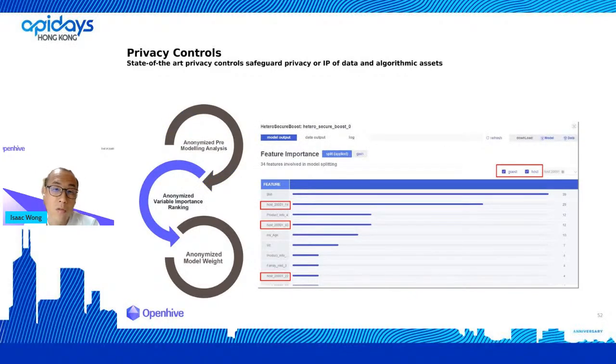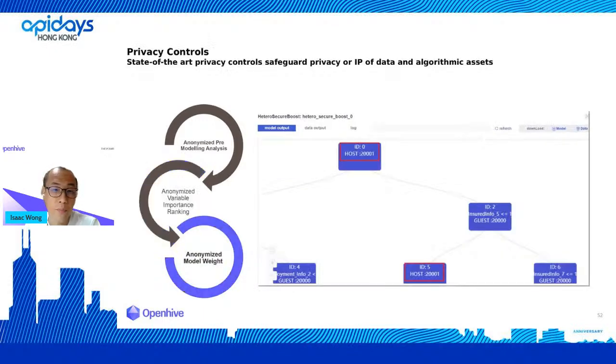And for example, when a model is built, there is a concern on whether the column names are disclosed to the counterparty. So there are some designs that can protect against such concerns while still allowing the building of a decent model.